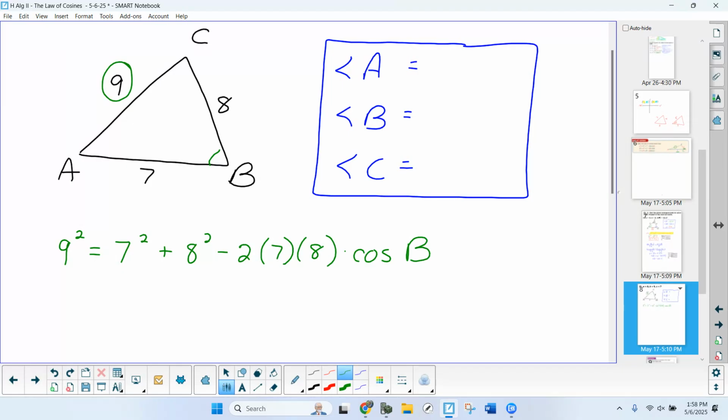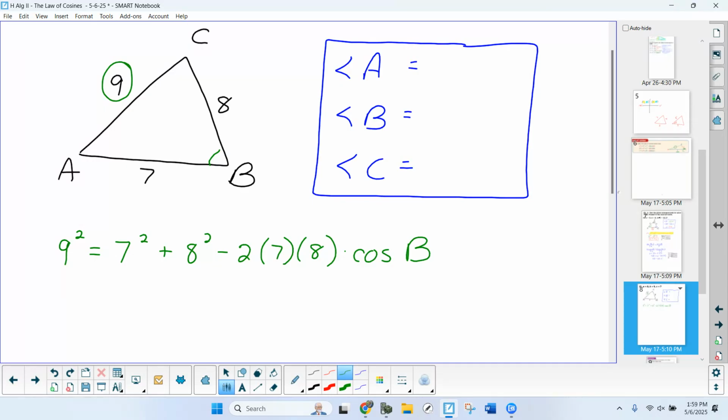Do I have a variable on that right side? Yes. You must follow order of operations, or you cannot just put all of these numbers in as one side. You're going to get it wrong.